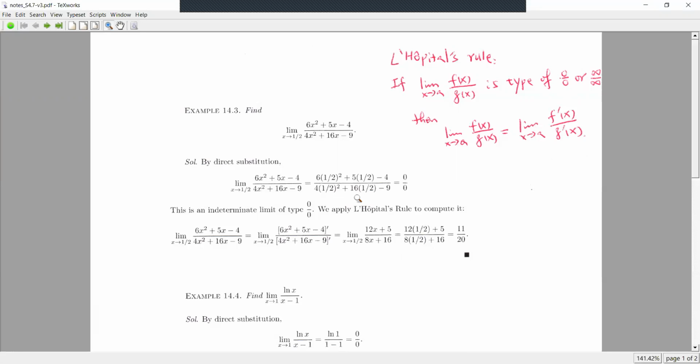This is a difficult limit of the type 0 over 0, so we can apply L'Hopital's rule. Take derivative separately on the numerator and on the denominator. Then we get this limit. Now try direct substitution again. Plug in 1/2 for x. This time direct substitution works. We get 11 over 20. So the limit is 11 over 20.